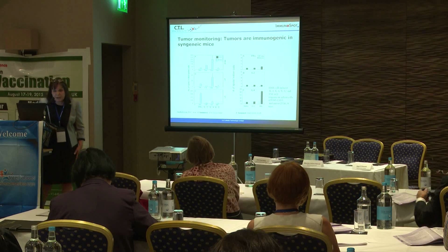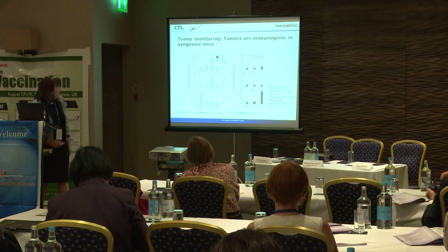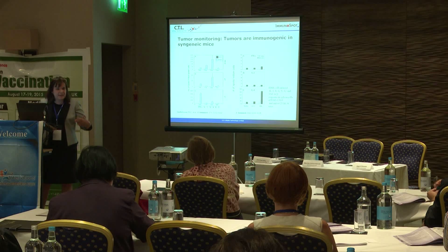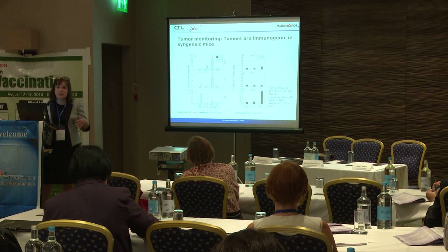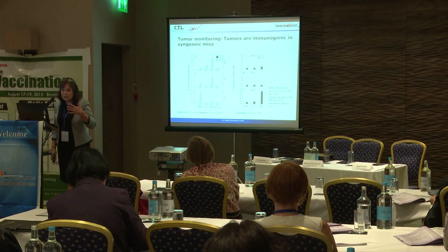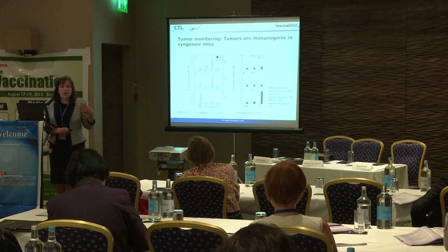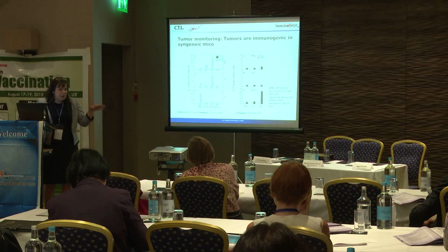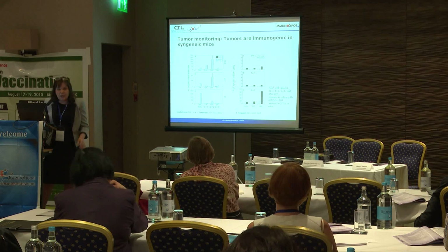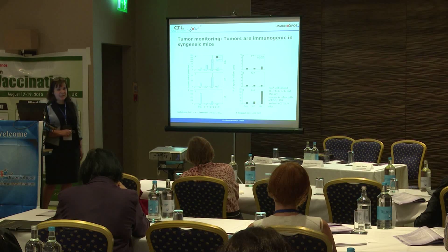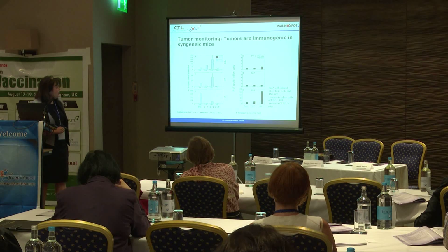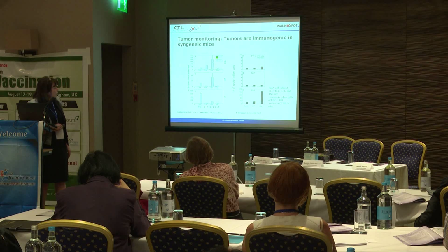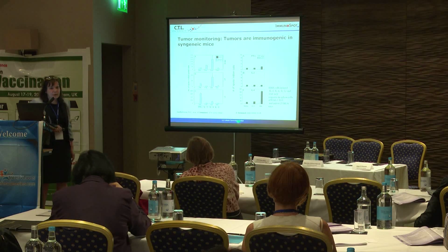The first question which was addressed: are tumors immunogenic or not in mice? Looking at a different readout, not proliferation, but using the ELISpot. If you inject a tumor into a mouse and you look at T cell induced immune responses, what you see is that all tumors are immunogenic and they produce strong IL-4.